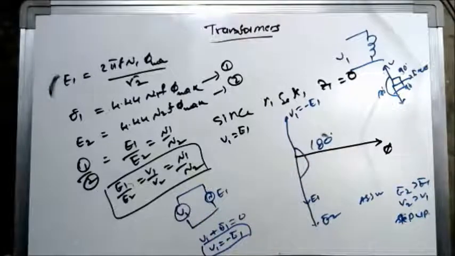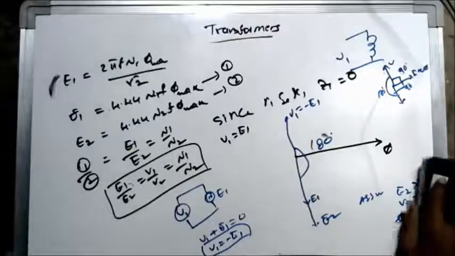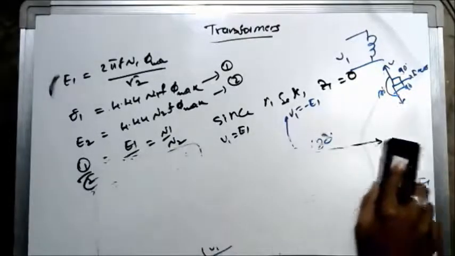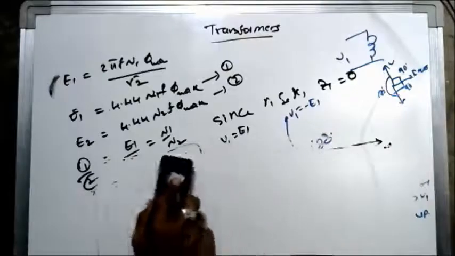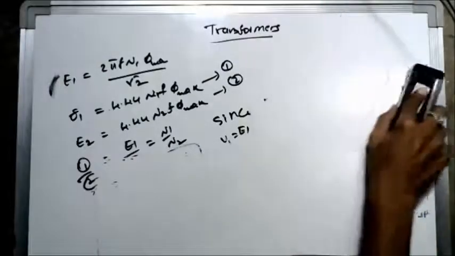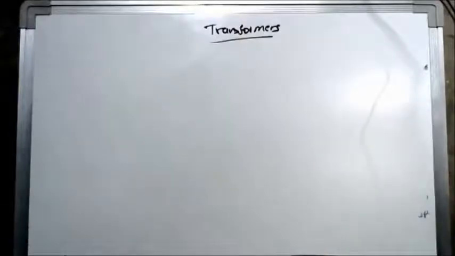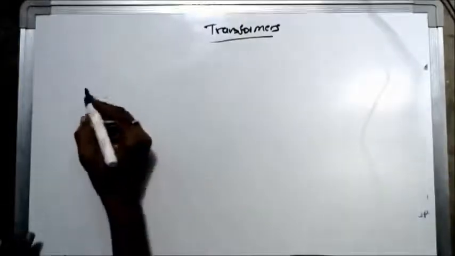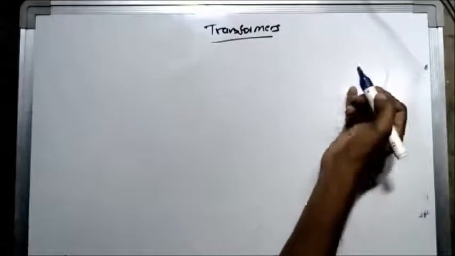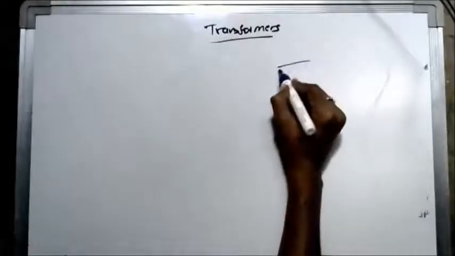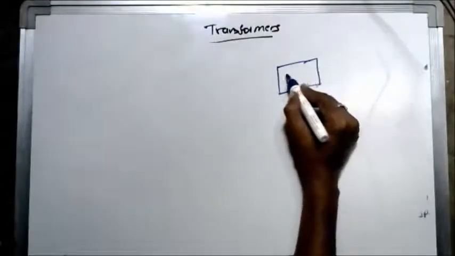Next, coming to the transformer under loaded condition. We'll take the loaded condition. So now we'll connect a load at the secondary. This is the transformer, taken simply.